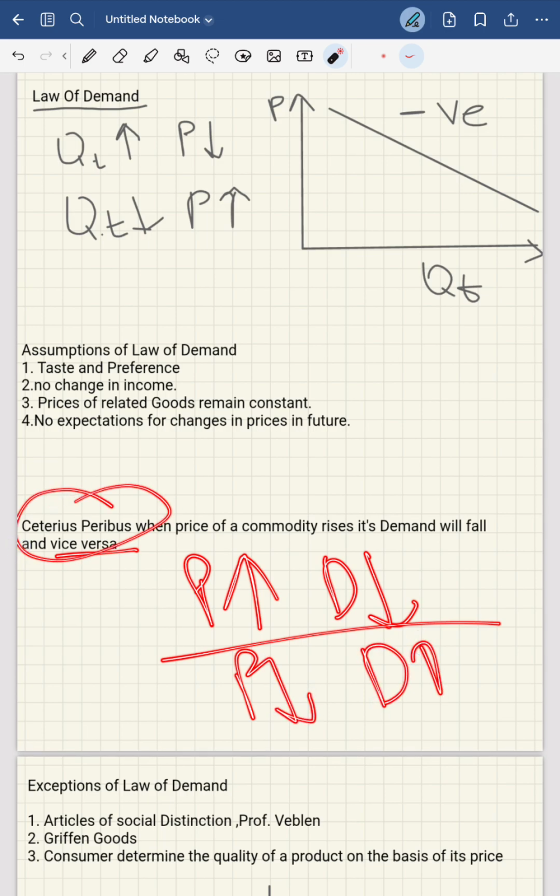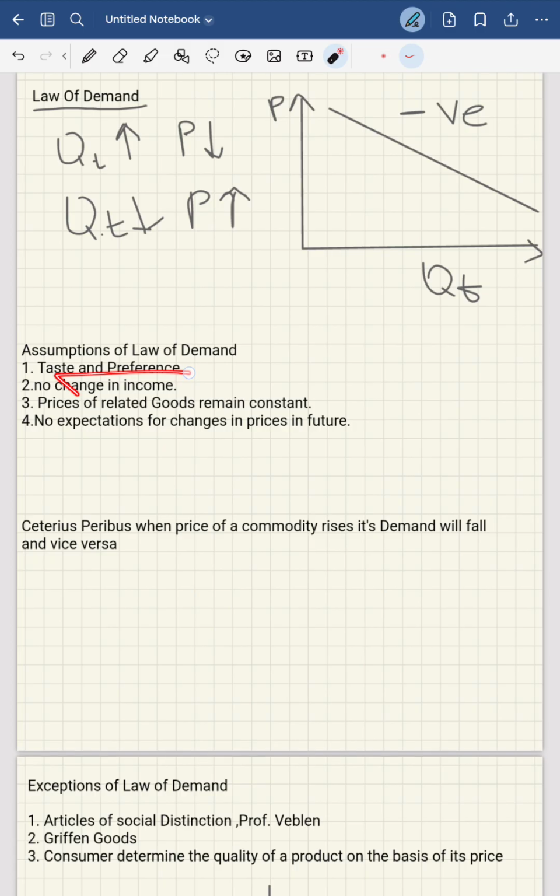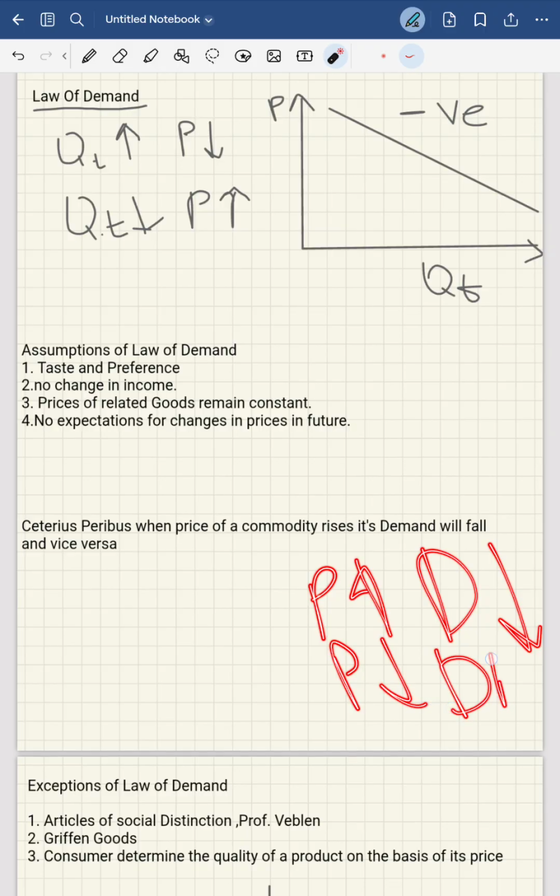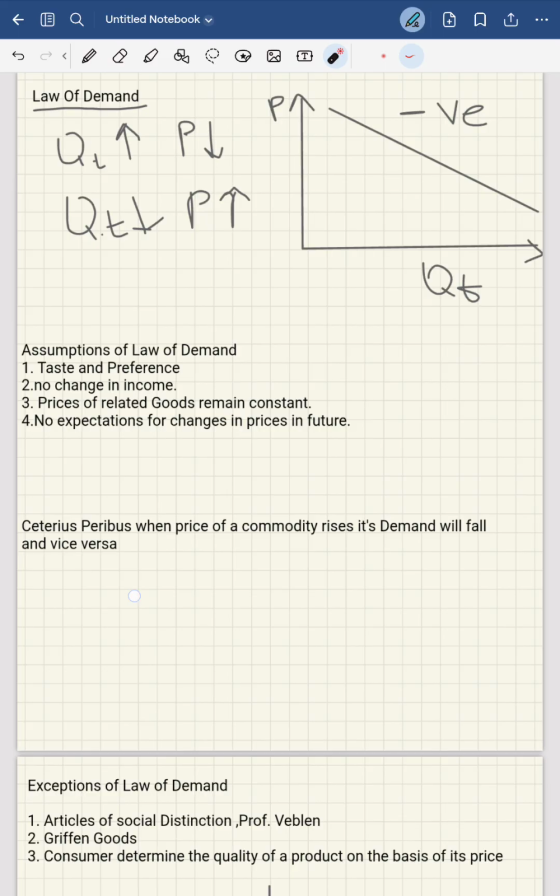All other things, meaning other factors like taste and preference of the consumer, income, future expectation, price of related goods, all remain constant. Then we can say that when price increases, demand decreases. When price decreases, demand increases. This is the law of demand, which was given by Alfred Marshall.